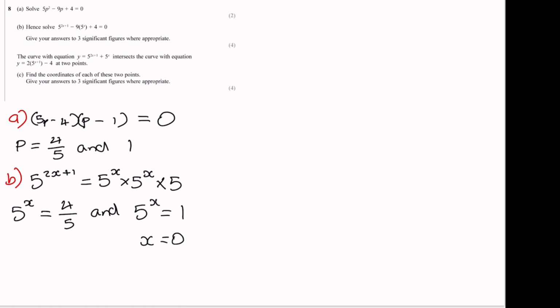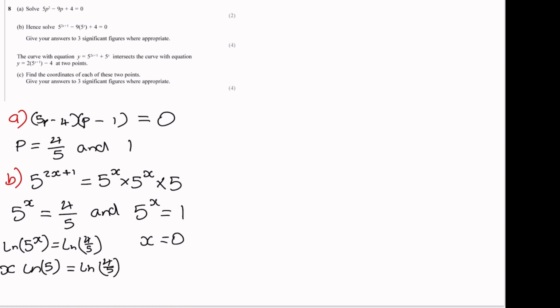The first one, we can take natural logs of both sides, so we get ln of 5 to the power of x equals ln of 4 over 5. And then using the rules of logs, we can bring this x, the power, to the front. So we get x ln 5 equals ln of 4 over 5.